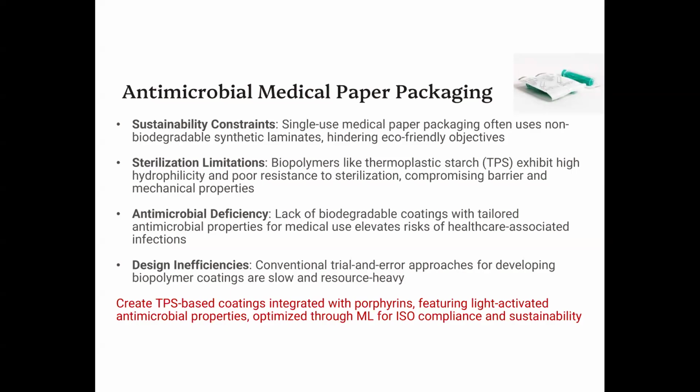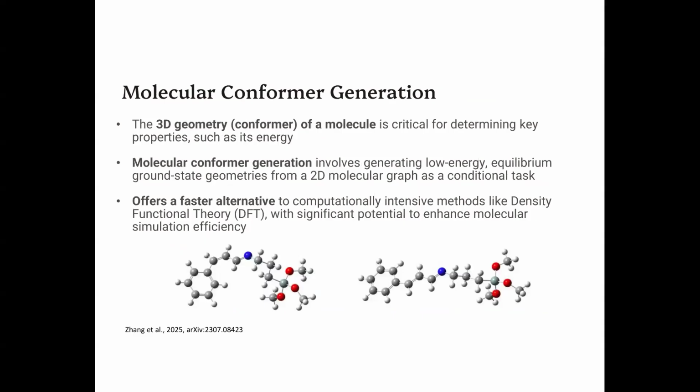So the idea is to create a thermoplastic starch coating which will integrate porphyrins, which have light-activated antimicrobial properties, and these porphyrins will be optimized through machine learning for effectiveness and sustainability.